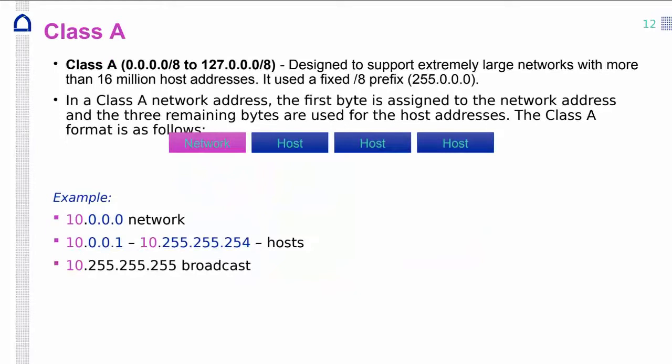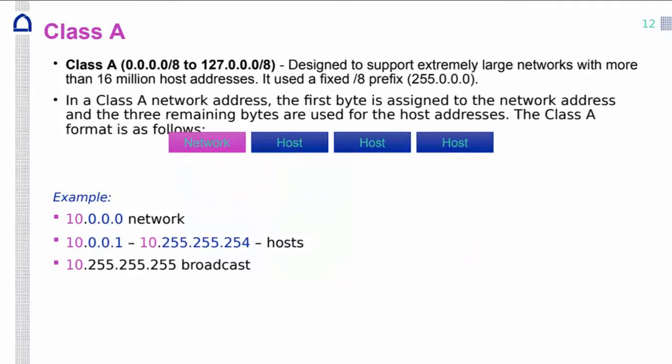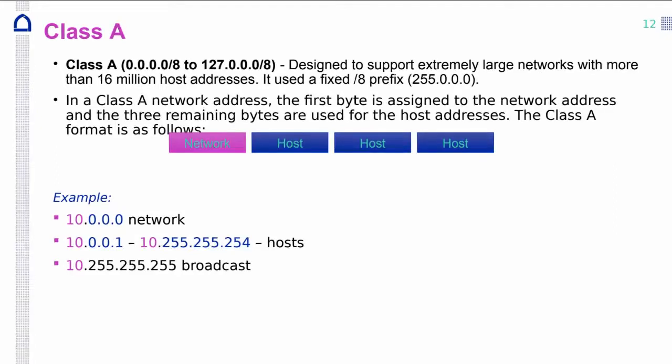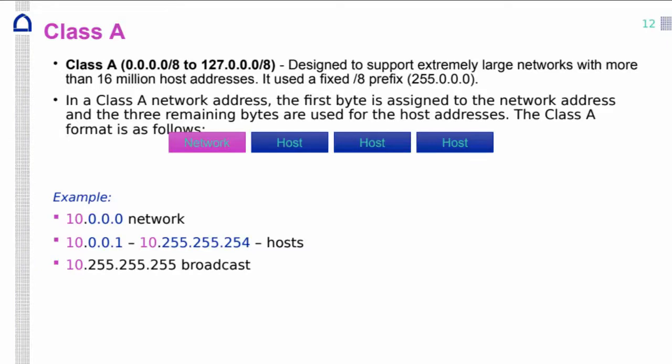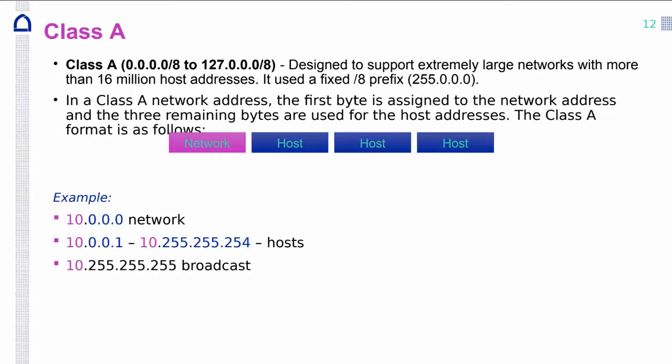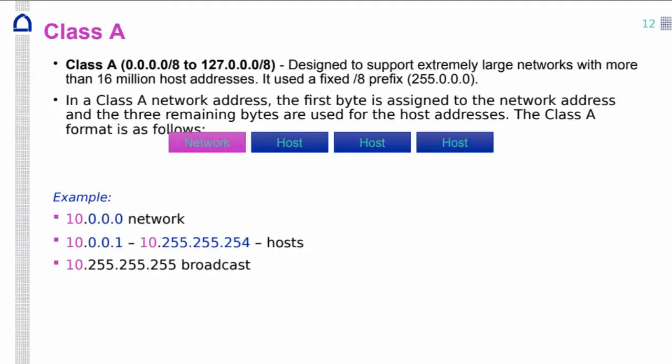Class A. Class A range is from 0.0.0.0/8 to 127.0.0.0/8 also. /8 means that the first 8 bits are my subnet. So if I see /8, it means that my subnet mask is 255.0.0.0.